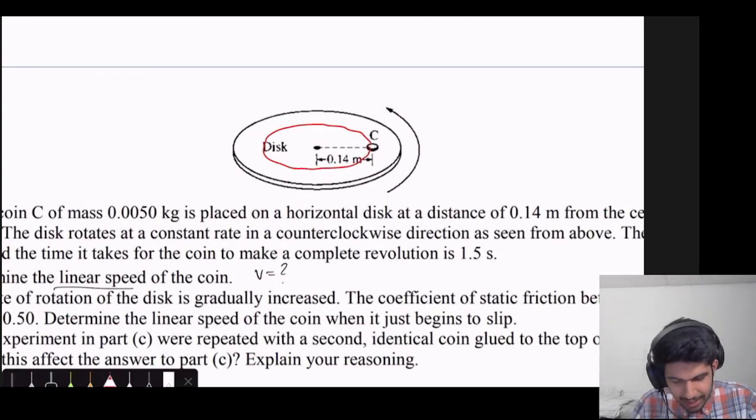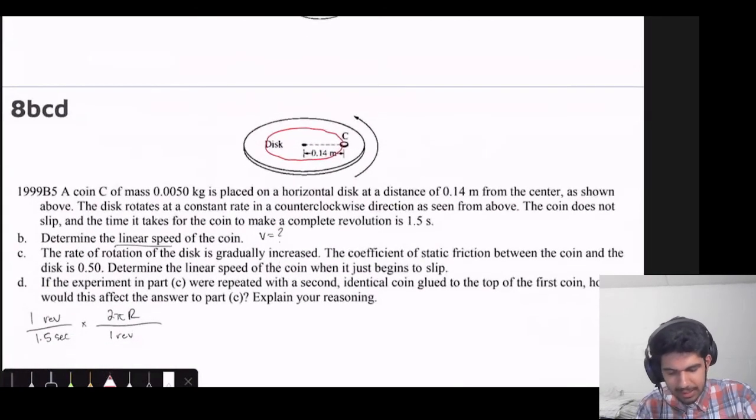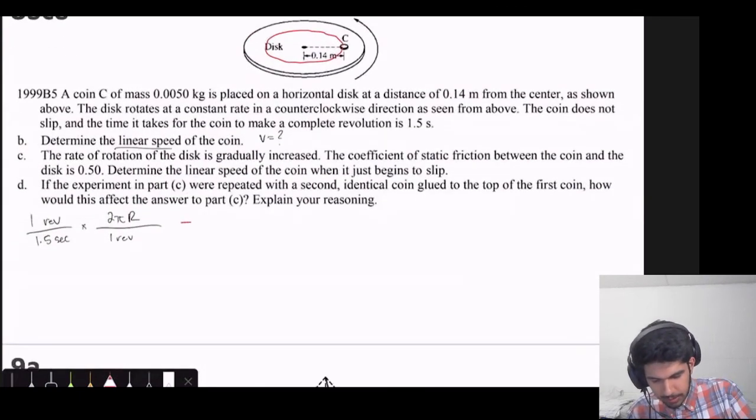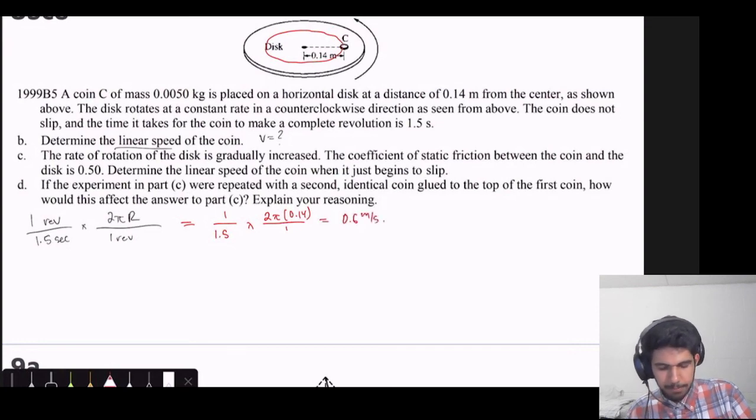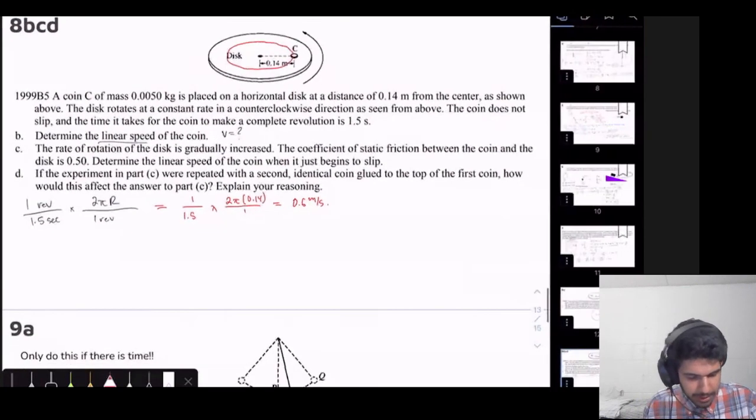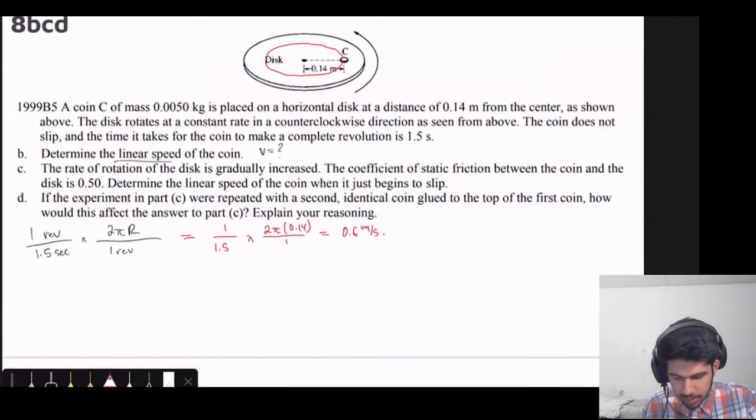So it's the 0.14 given to us. That is the radius. It's not this distance because the coin isn't at the edge. It's closer to the center. So this is equal to 1 over 1.5 times 2 times pi times 0.14 over 1. And when we do this computation, this should be 0.6 meters per second. So that's part B. I'm going to add a page.